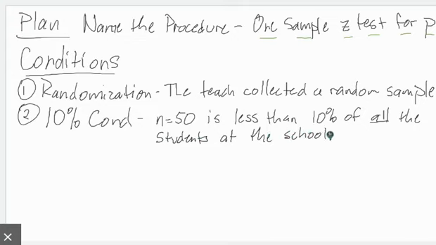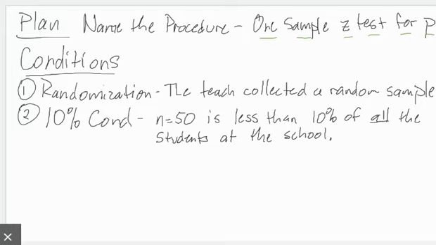Now, you guys that have been a part of this class, if you've been watching online, you know that sometimes I will put the word certainly in there: n equals 50 is certainly less than 10% of all the students at the school. I left it out this time because I'm not 100% sure on that. It's not obvious that there's at least 500 students, but we're actually turning this condition into an assumption, okay?